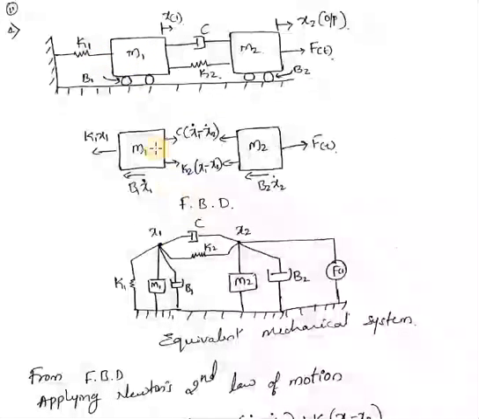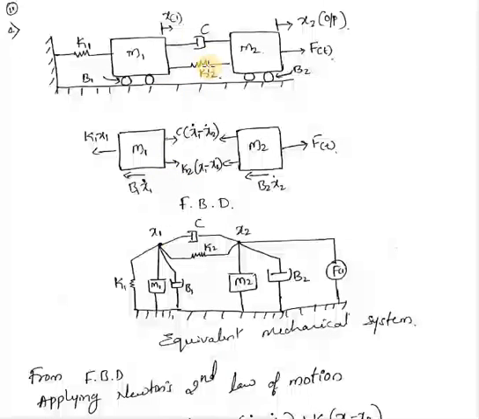First, on x1, identify the elements having only x1. M1 is having only x1 and K1 is having only x1. Along with that, the force due to friction, that is B1, also has x1 only. So attach these three elements, M1, B1 and K1, to the x1 node here.